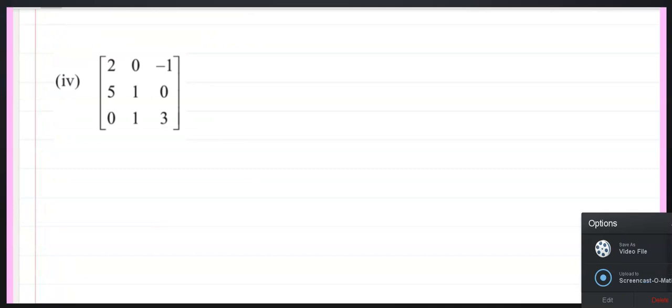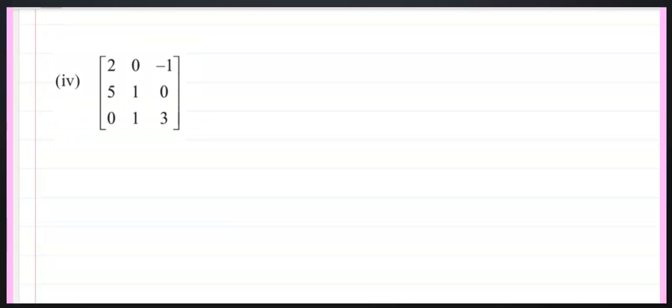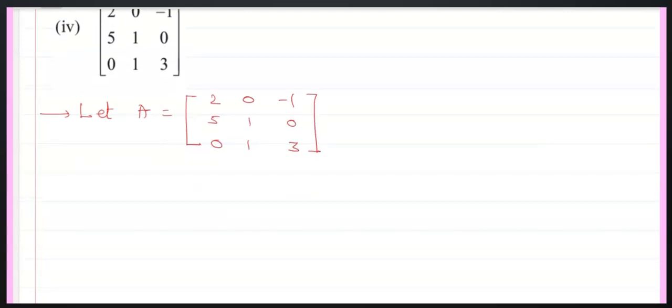Next is the matrix 2, 0, minus 1, 5, 1, 0, 0, 1, 3, determinant of A.